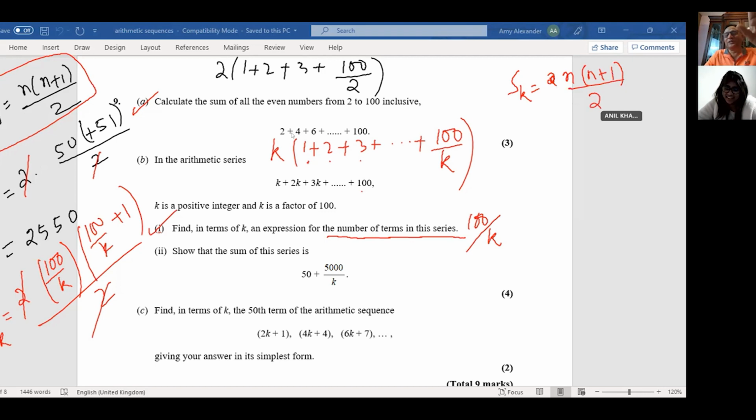You are right. So in this particular series, k is outside, not 2. Last time 2 was outside. Yeah. K will be, k times. K times 100 over k. They are number of terms times 100 over k plus 100 over k plus 1 divided over 2. Yeah, that is it. Correct.